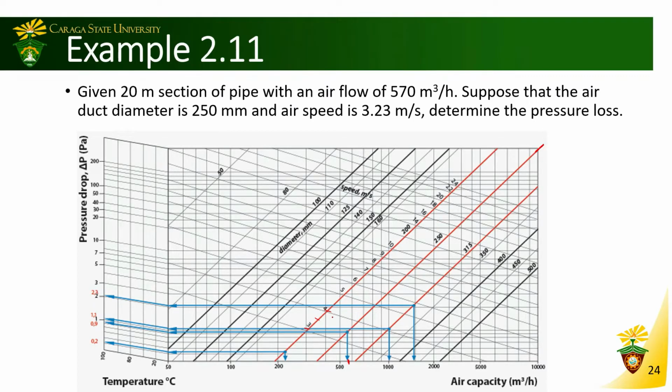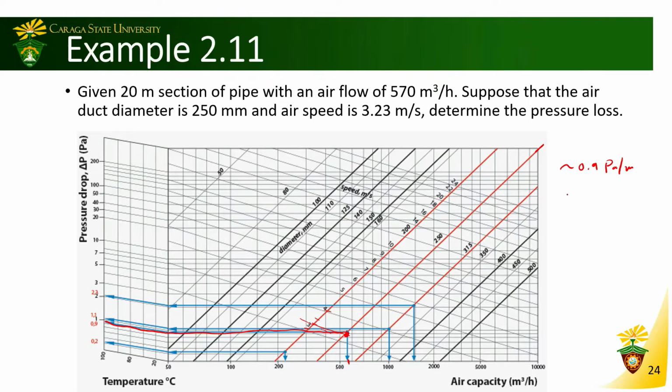So that's 3.5 around this value. Draw a parallel line, it would intersect on that part. Okay, and now we can get it on the y-axis, which is approximately equal to 0.9 pascals per meter.